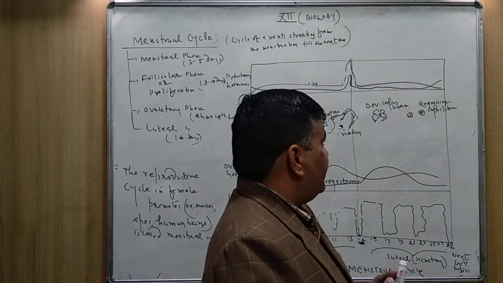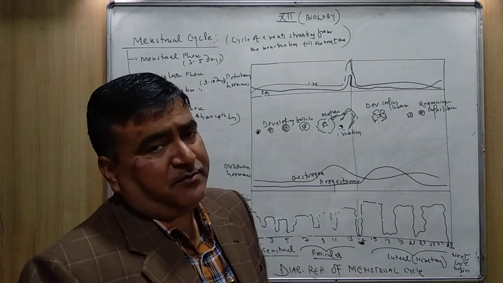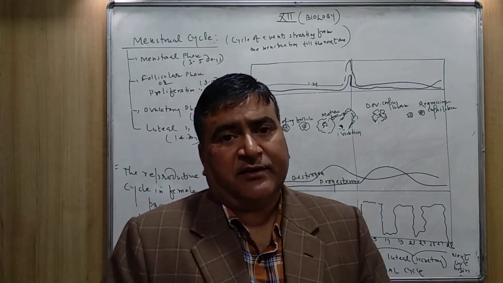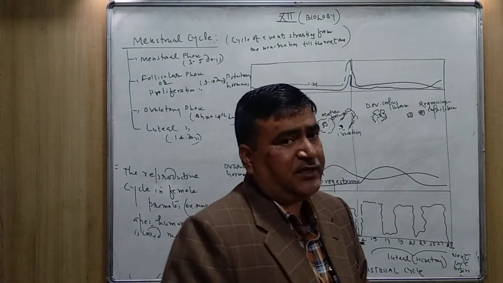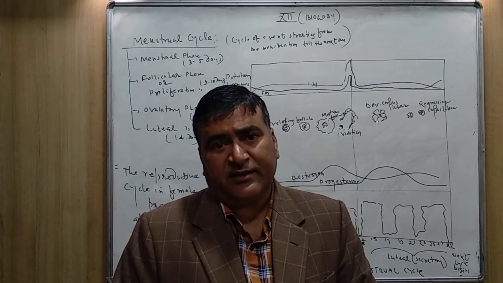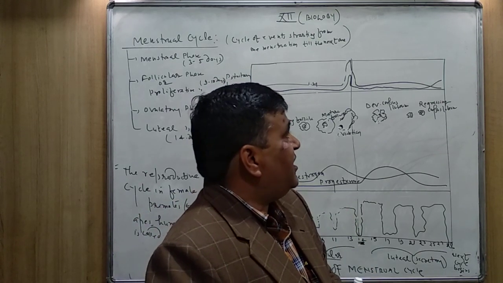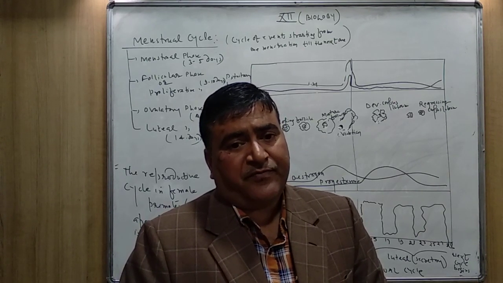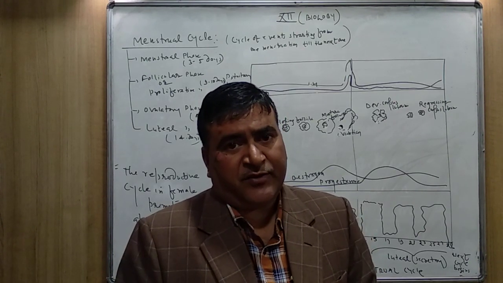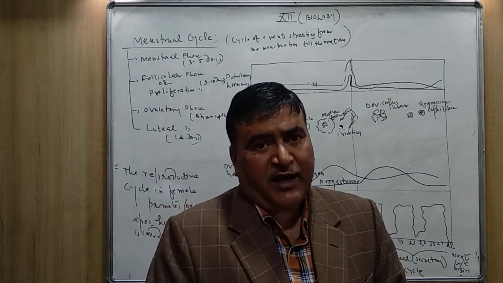In the luteal phase, suppose in the mid of the menstrual cycle the process of fertilization doesn't take place, then what happens? The corpus luteum degenerates, and because of the degeneration, the corpus luteum will not produce the progesterone hormone.